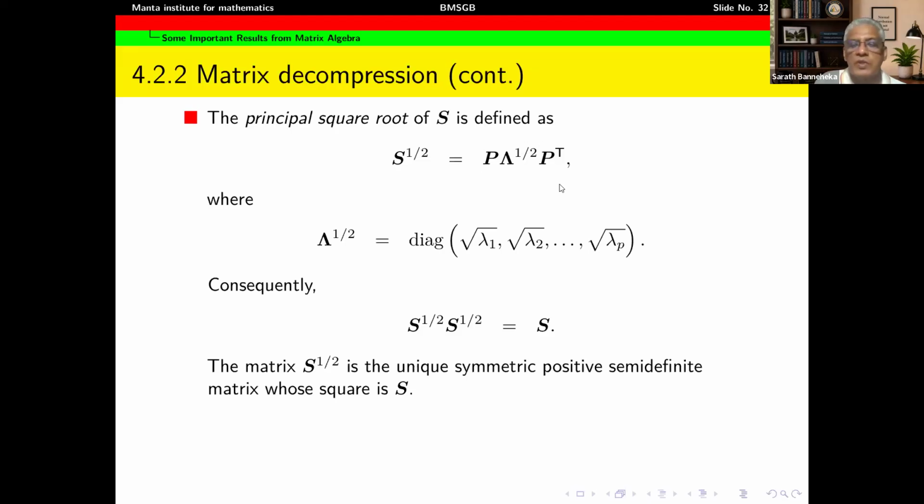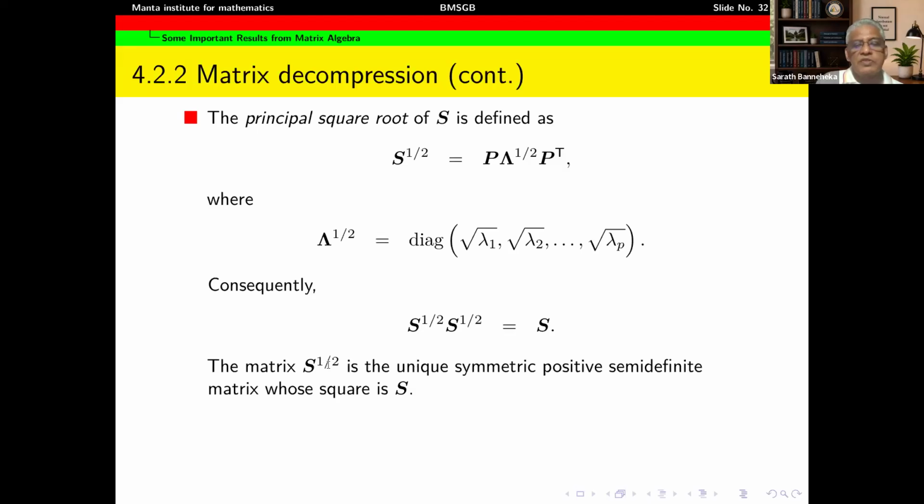So if you consider this one and call it S half, we can show that this matrix S half times S half is equal to actually S, right? So therefore, we can call it the square root matrix of S, square root of S. So this is the square root matrix of lambda.